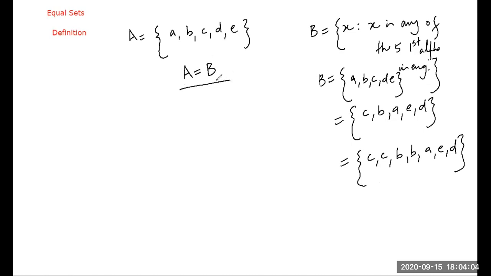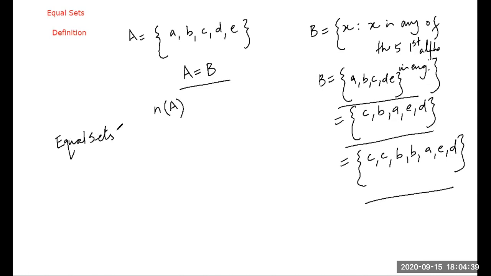As simple as that. Now, I've repeated the elements here, but essentially this set and this set and this set are identically the same. So I can always say the number of elements of A and the number of elements of B are the same. So if I want to define equal sets, how will I define?